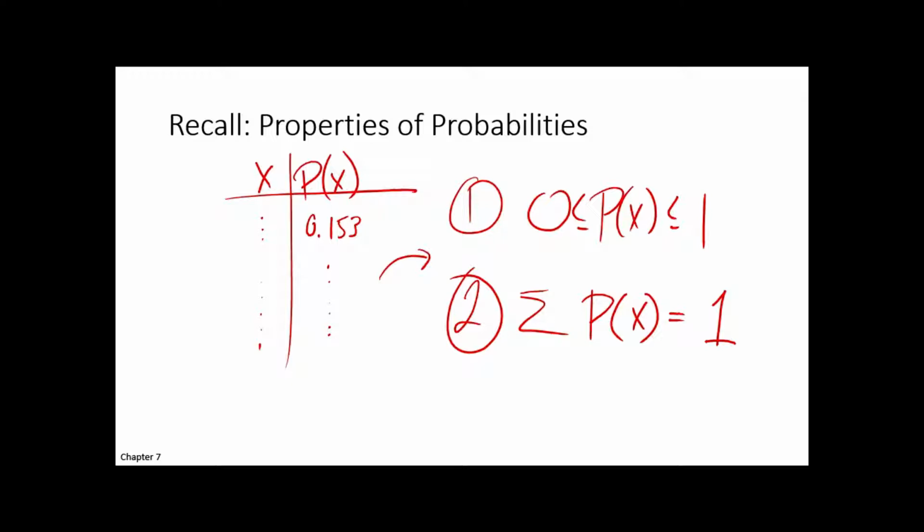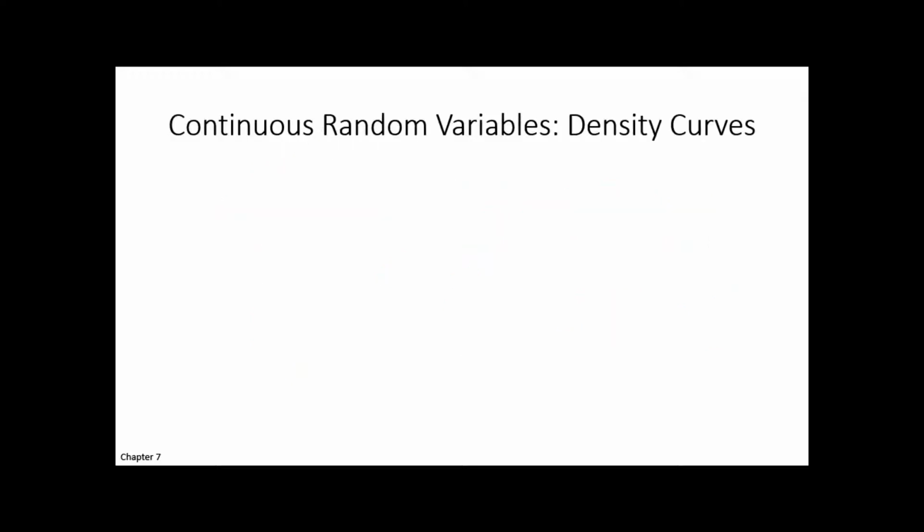Now there's a problem, though, with continuous random variables, because if you try to make a table for a continuous random variable, you run into trouble really fast, right? Because if I try to make a table with a continuous random variable, let's say I'm talking about the heights of males, right? And I start my table.